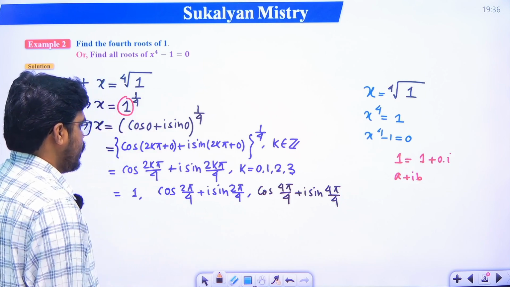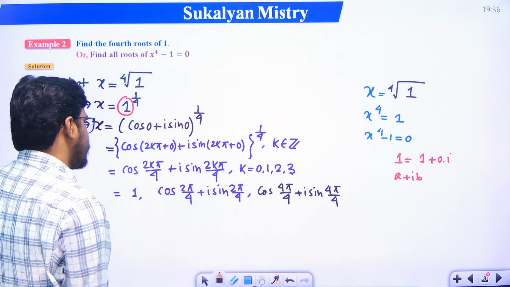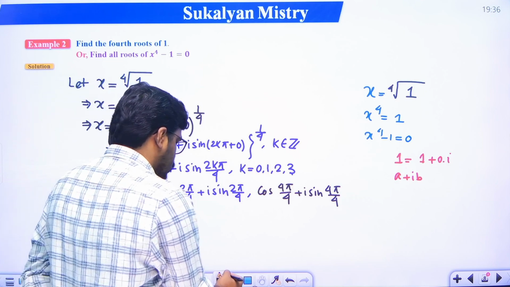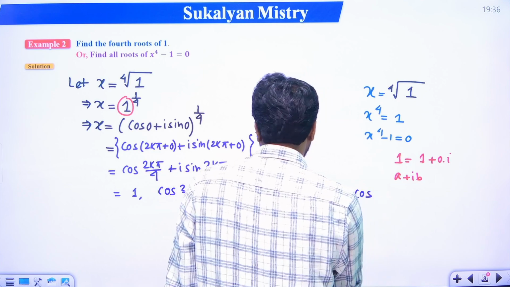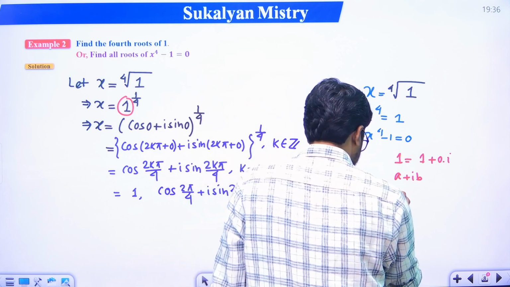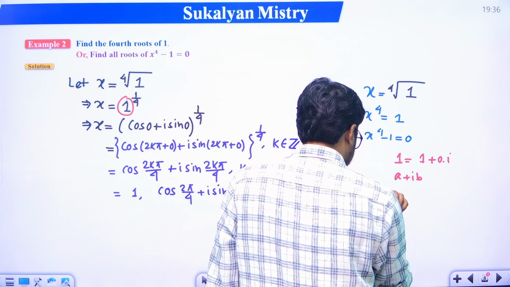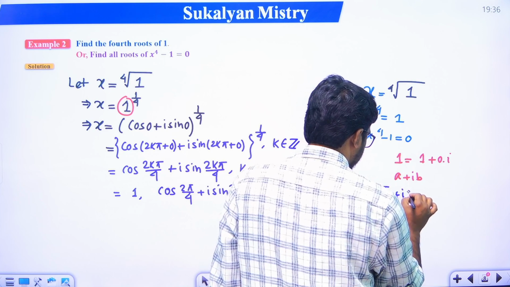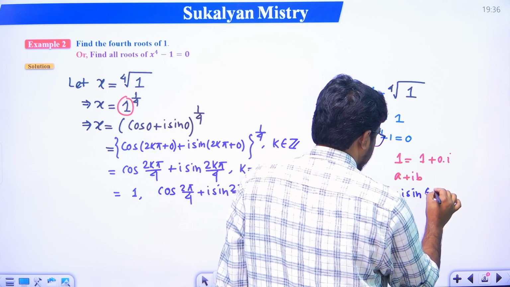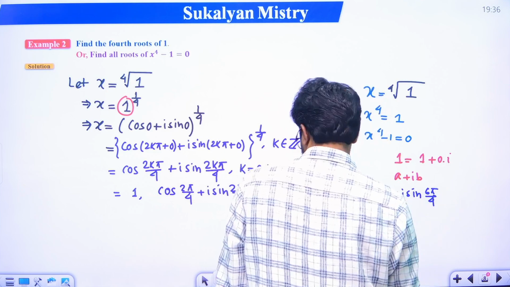Take when k is equal to 3, that means cos 6 pi by 4 plus i sin 6 pi by 4.